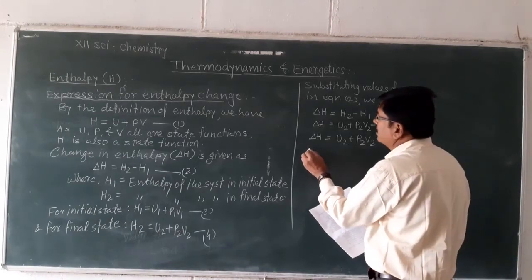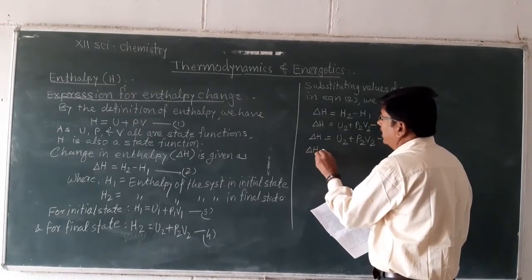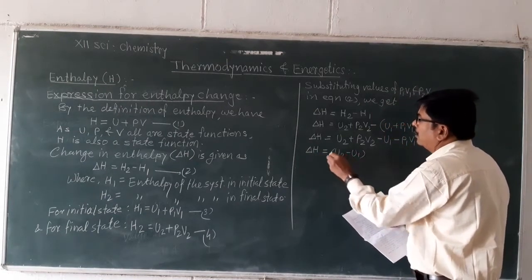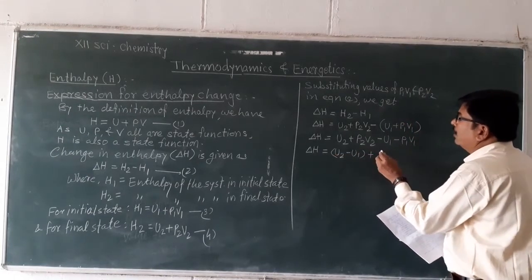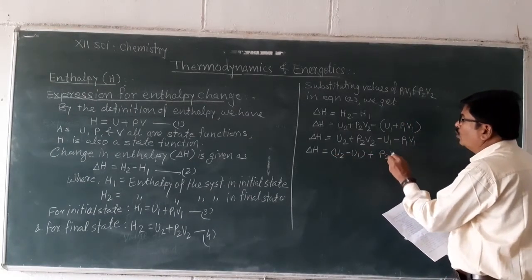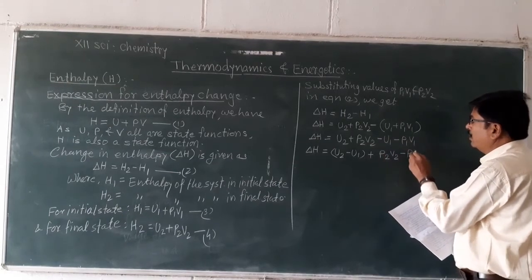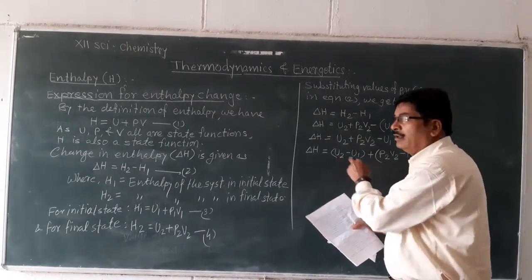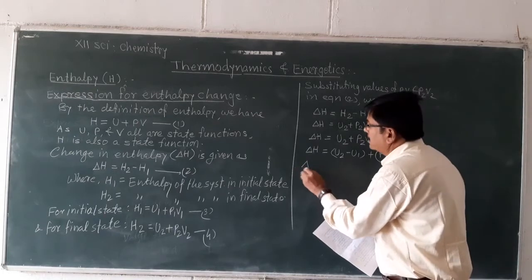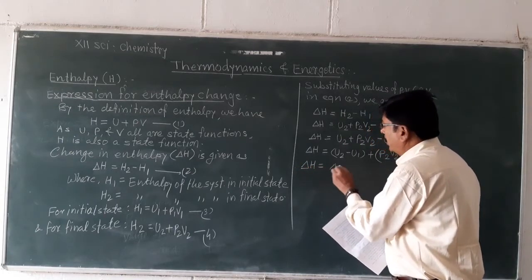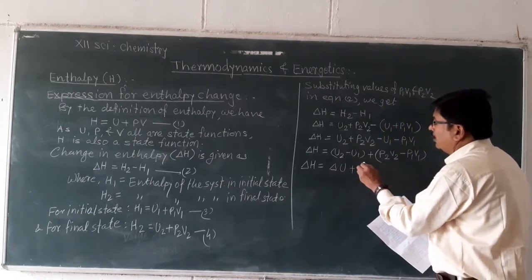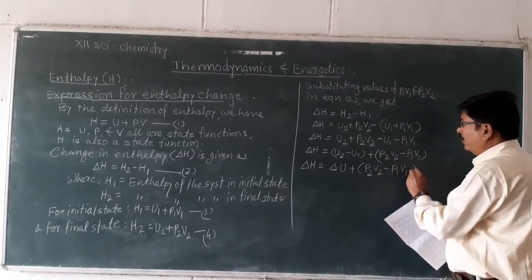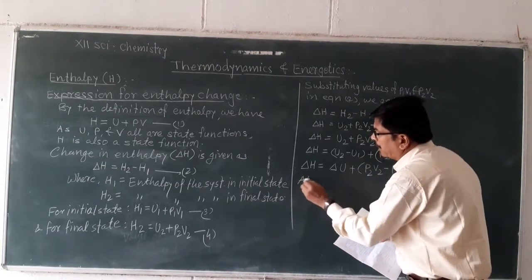Take similar terms in one bracket. You will get delta H is equal to U2 minus U1 plus, in another bracket, P2V2 minus P1V1.